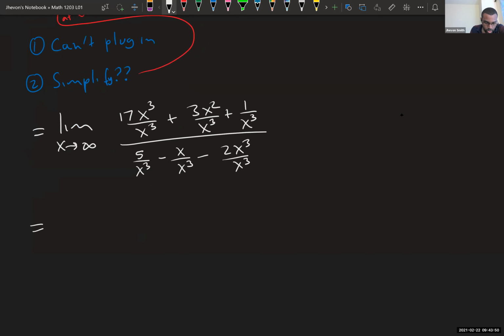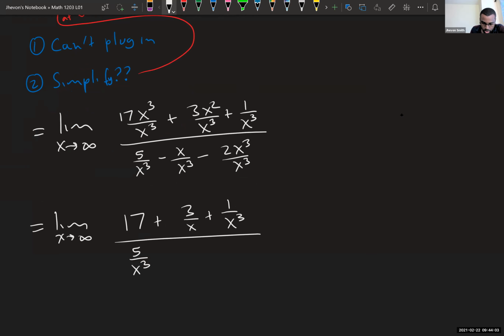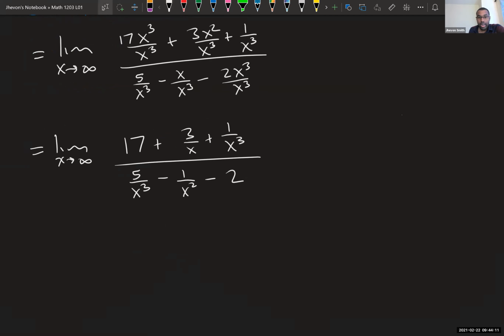Okay. So that is going to simplify into, well, 17 plus 3 over x plus 1 over x cubed over 5 over x cubed minus 1 over x squared minus 2. Now, again, why was it important that it was a limit at infinity?